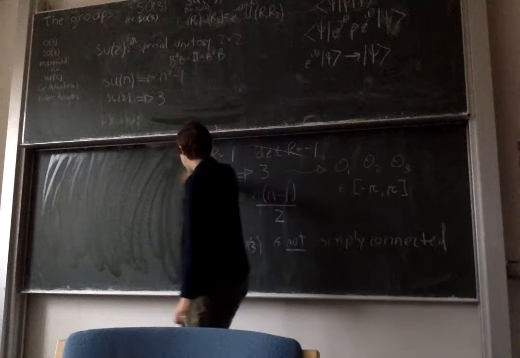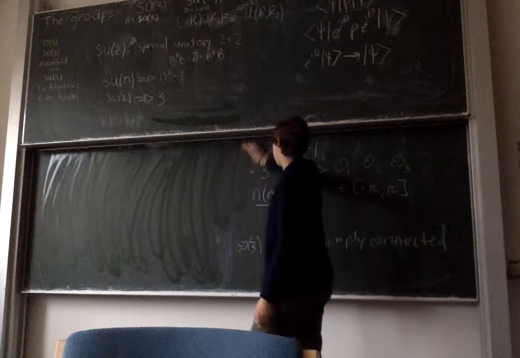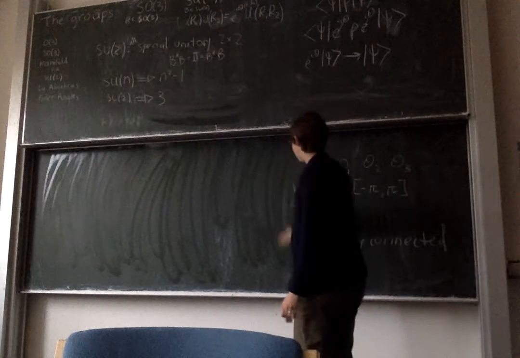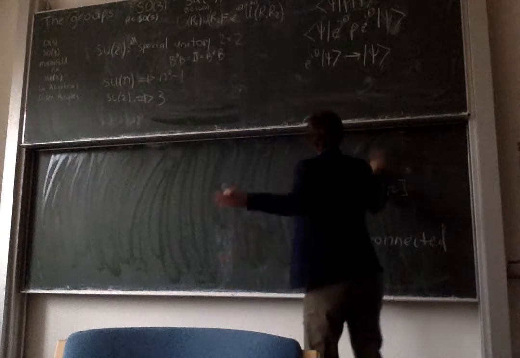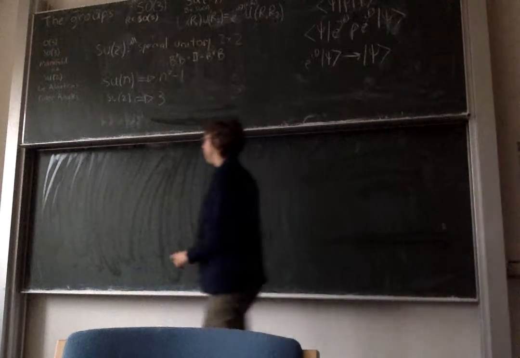And we're going to take infinitesimal transformations about the identity, and then we're going to exponentiate them to result in elements of the group, just like Timothy did last week. I'll do it a little bit quicker because he did it last week.